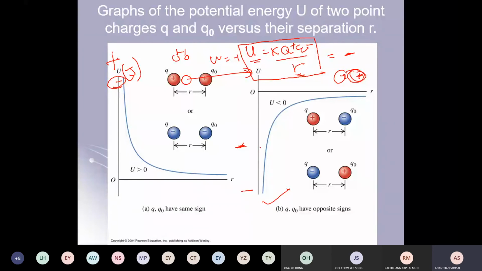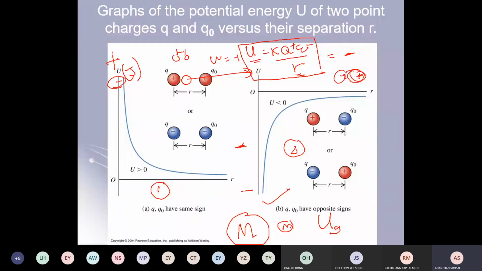Tell me, with gravity, Earth as the large mass and you as a small mass, the gravitational potential energy is going to follow which graph? Exactly the same as the first one or the second? Anyone? When you get closer to the Earth, is the potential energy you possess positive or negative?